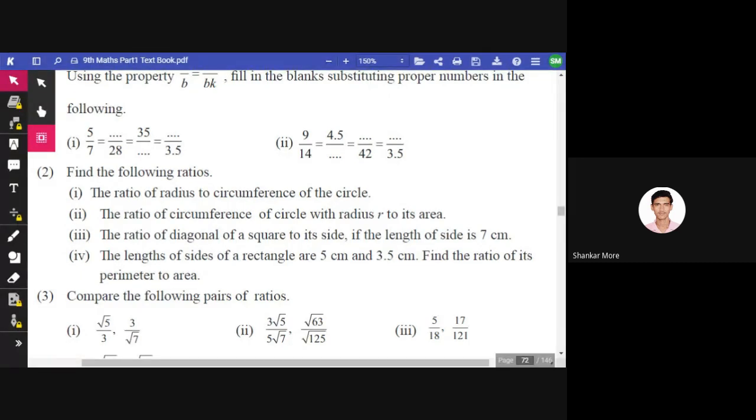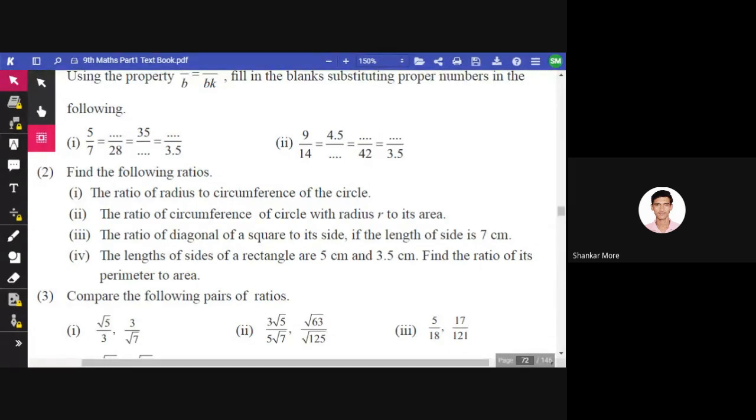What would be its diagonal, students? Use Pythagoras theorem. Okay, I'll help you out.